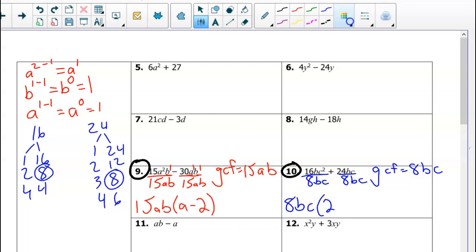C squared over C, that's going to be similar to what I had for my A over here. So C, just C. For my second term, 24 over 8 is going to give me a positive 3. BC over BC, those are both going to cancel to become 1. So this is its factored form: 8BC times 2C plus 3. Let's keep going.